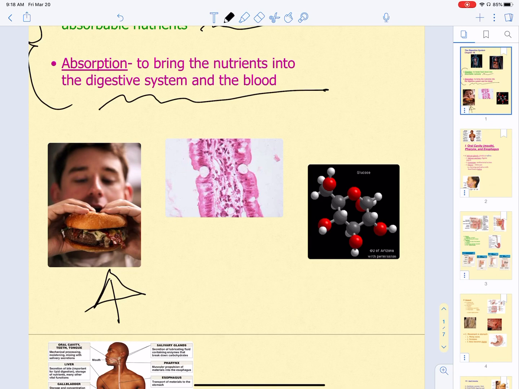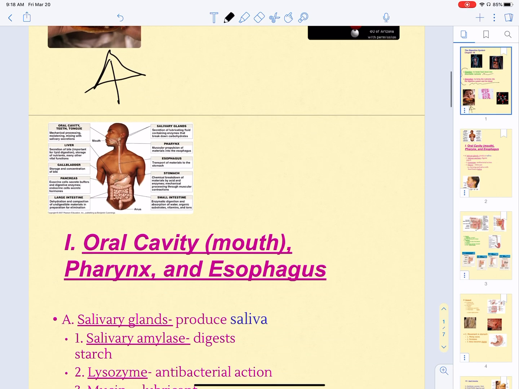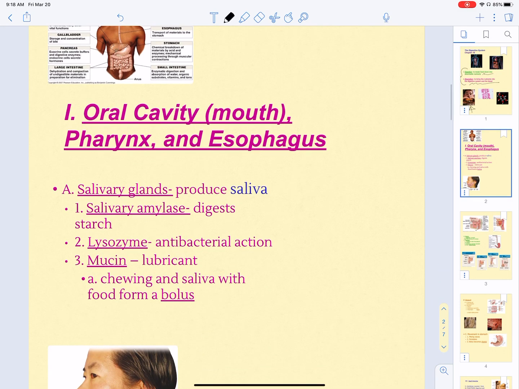As you bite and chew your food in your oral cavity, it's going to mix with some enzymes. We're going to have some salivary amylase, some lysozyme, and some mucin. These 3 things are there to help you break down your food.